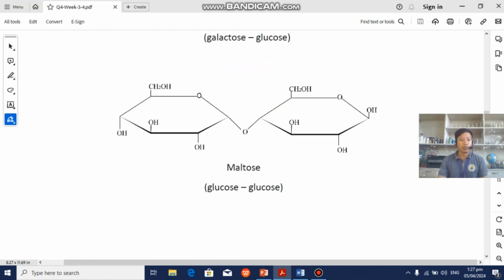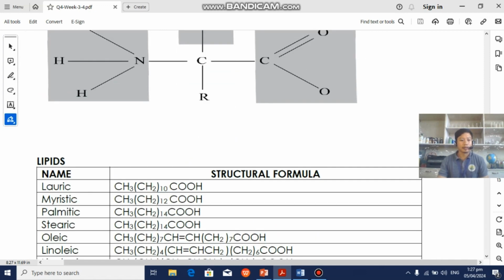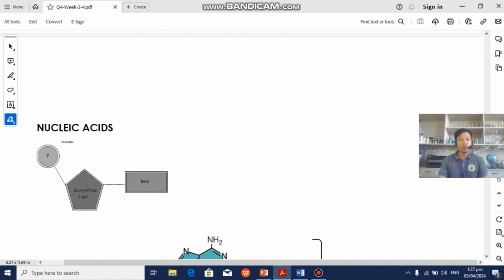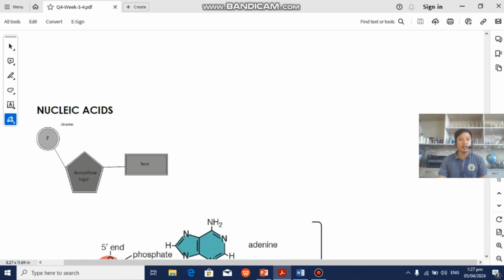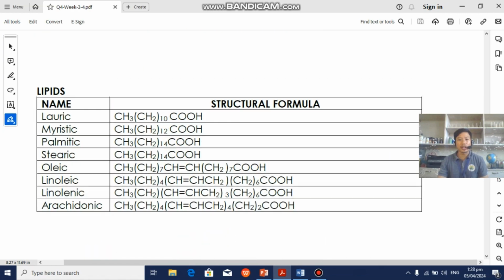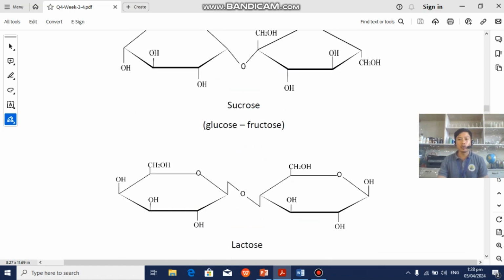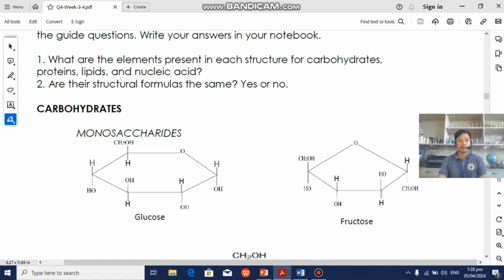Second, the biomolecule that is essential in our body is protein. Next, we have lipids. And the last one, we have nucleic acid. So these are the different biomolecules that we are going to talk about. We will go back to the first one, which is carbohydrates.